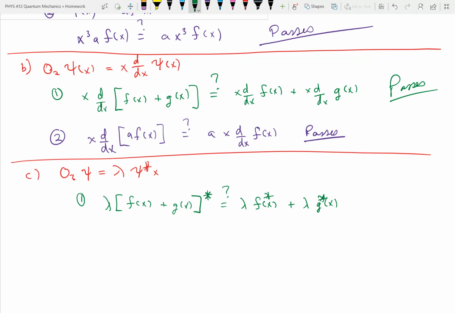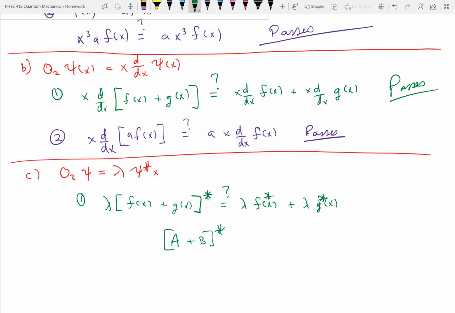I guess I'm a little unsure on this one because I'm not sure if, for the wave function, is it always of the form where i is in the exponent? No, it does not have to be. Because in that case, wouldn't it not pass if you have the conjugate of the two in the parentheses versus the conjugate of each separate part?